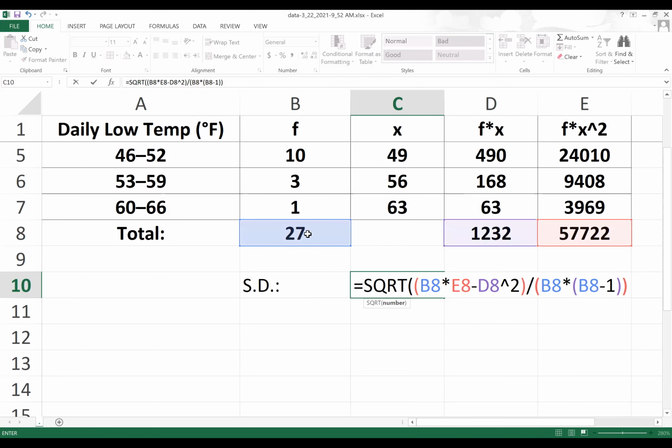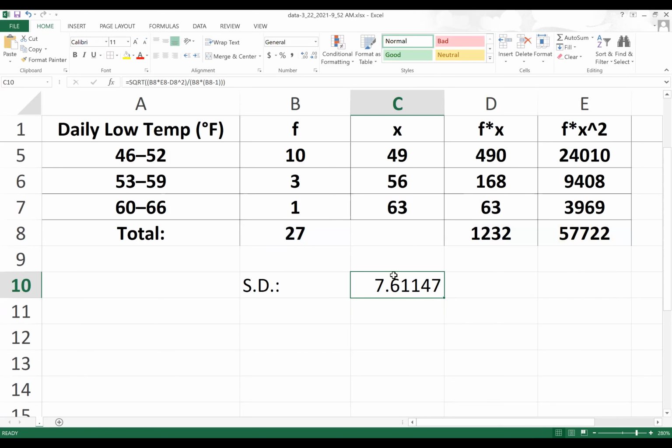So we have all of that. Close the denominator and then close the entire parentheses. Then from there you can just enter and get the result.